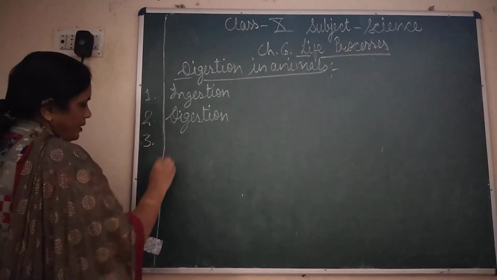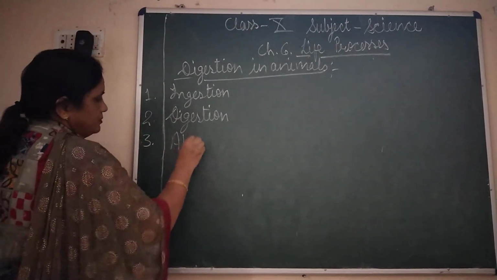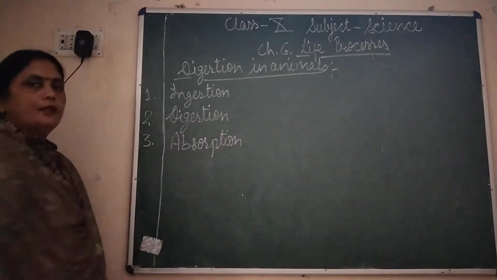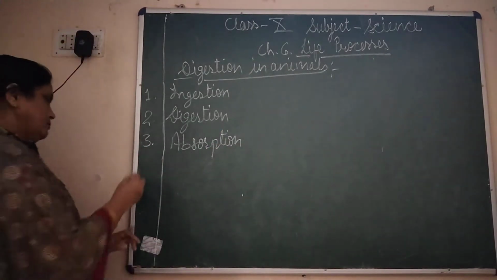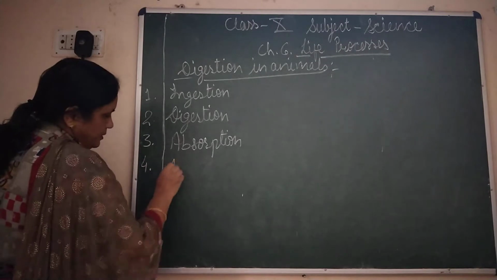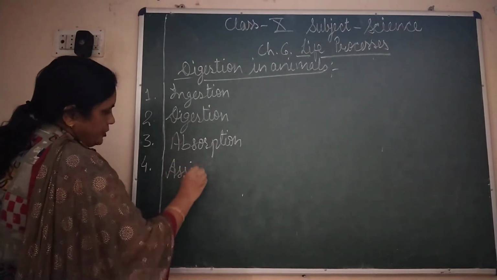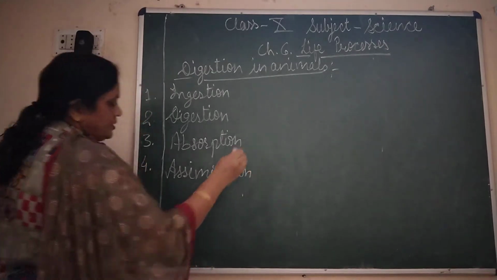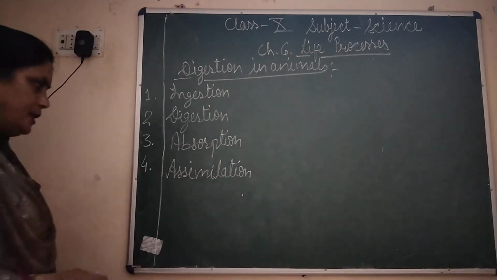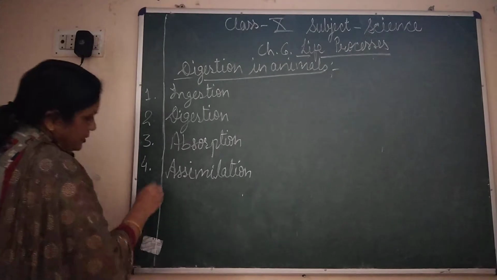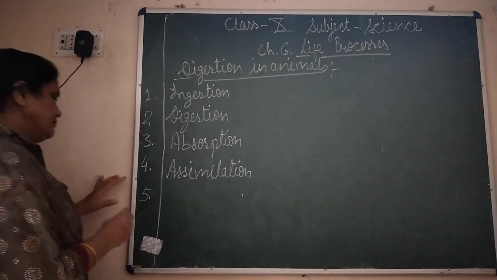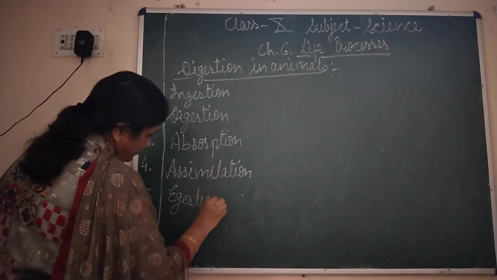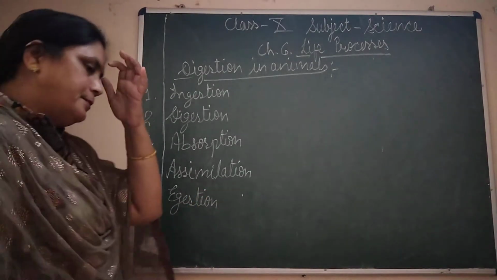Number 3, absorption. Number 4 is assimilation, and step number 5 is egestion. So now let us discuss them one by one.